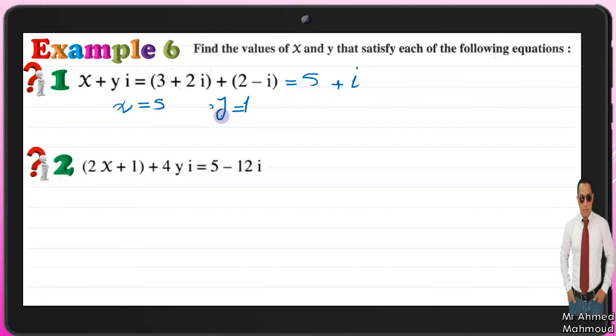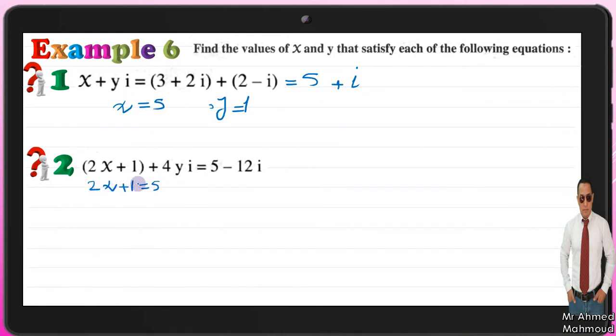Number 2: 2x plus 1 plus 4yi equals 5 minus 12i. Okay, that means 2x plus 1 equals 5.